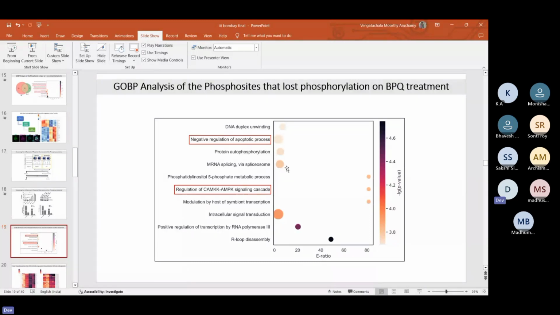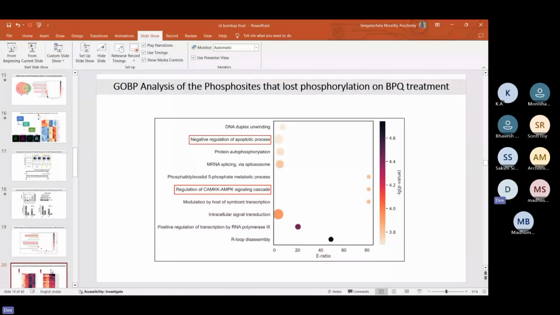I again want to highlight the three things I highlighted from the uninfected versus infected comparison. Out of these, two are overrepresented in the parasite cleared cells: negative regulation of apoptotic process as well as regulation of CAMK and AMPK signaling cascade. This again highlights that these processes are quite important for maintaining the cancerous phenotype.